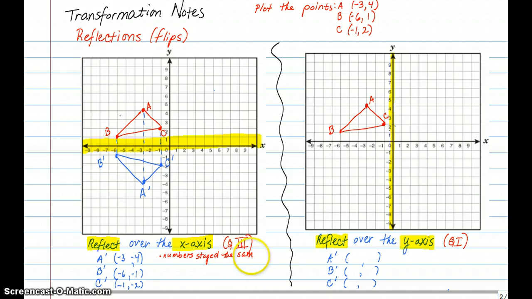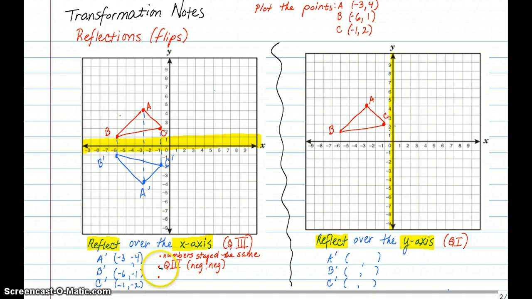And there's two other ways that you can look at what happened to the signs. If you know you're going into quadrant 3, not every time, you don't always reflect into quadrant 3, but the quadrant 3 pattern is negative, negative. Well, then you know that your ordered pairs have to be negative, negative. To me, that's the easiest way.